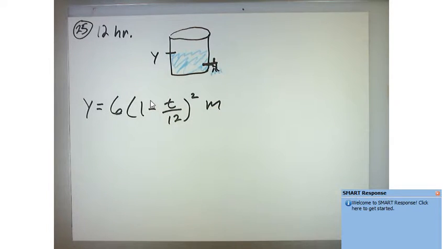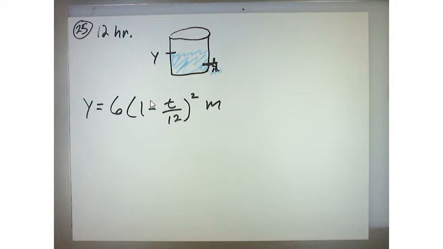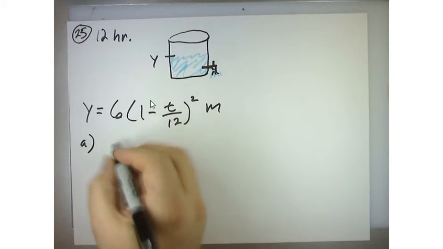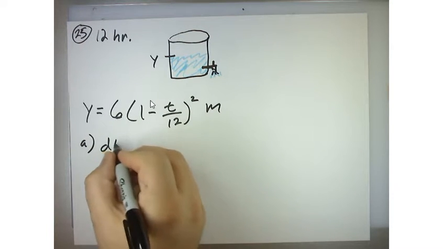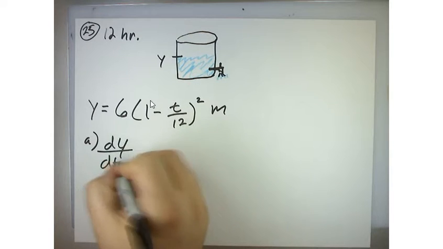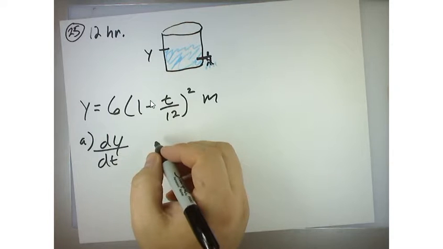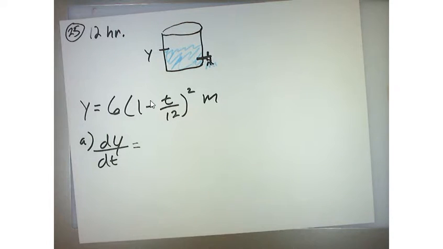So that's the height of the volume of the tank. Okay? And then what it wants us to find for part A, it says find dy/dt. Okay, and so we'll start there.